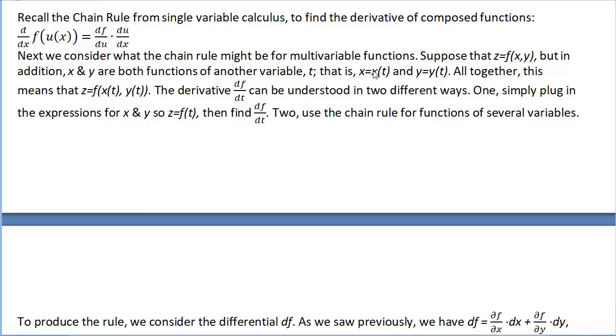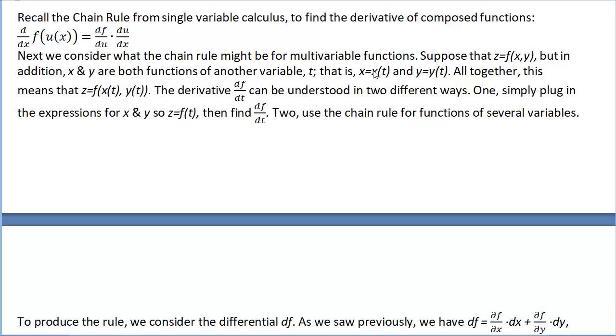To come up with this rule, we're going to start with something I've talked about previously, which is the differential df. We know that df equals partial df/dx times dx plus partial df/dy times dy. If you want to refresh yourself, you can go back to my discussion about differentials to see where that expression comes from.